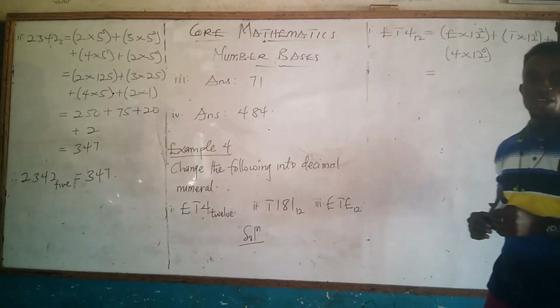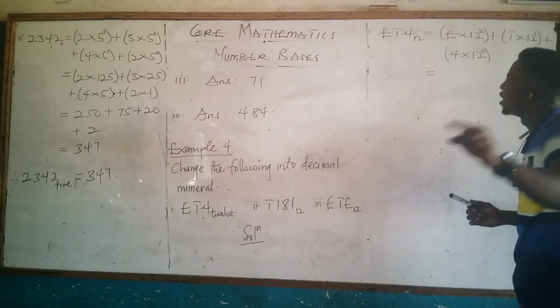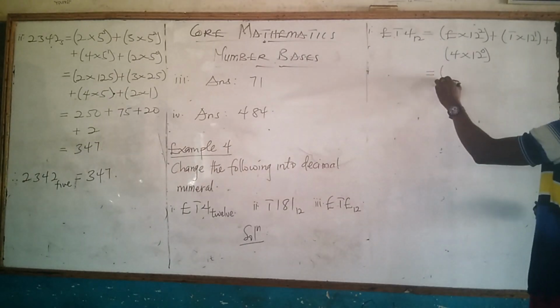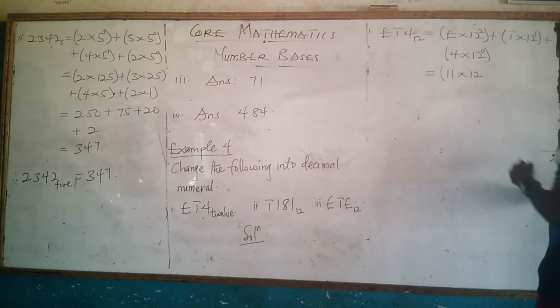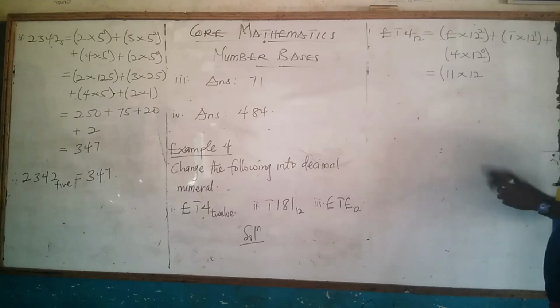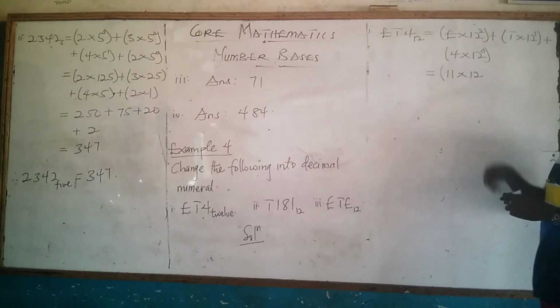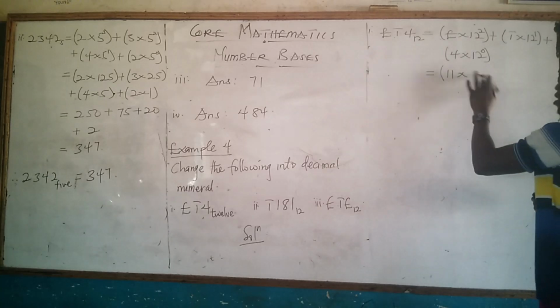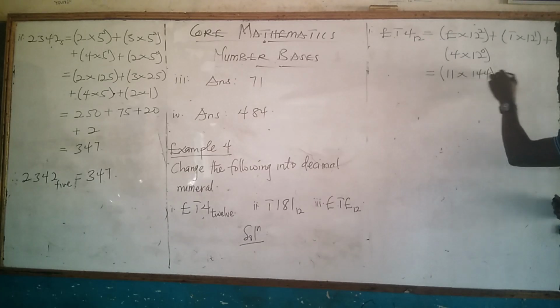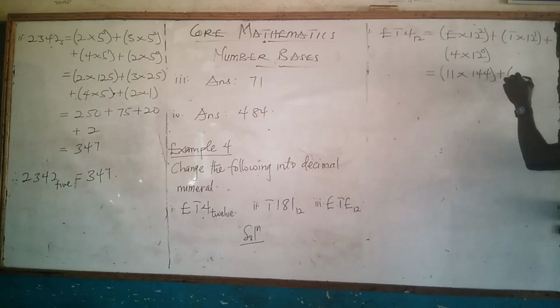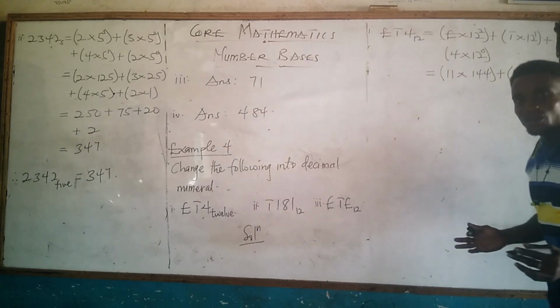Okay, and I know you're able to get it. Stands for 11. Good. So can I now write 11 times 12? And even that one, you can choose to write it straightforward. 11 times, then you write 144. So let me write that one instead. 144. Then plus, then I'll have T4. I know T4.